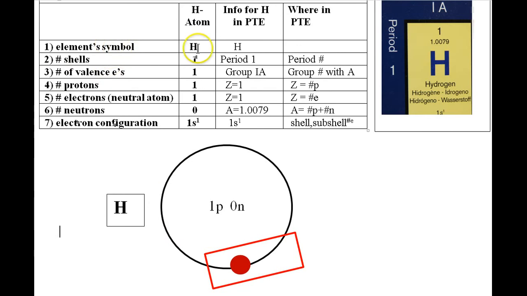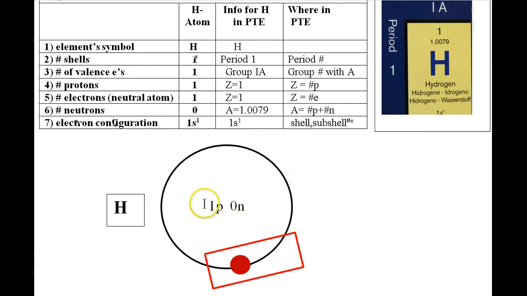And so the element symbol is H. The number of shells is 1. The number of valence electrons is 1. Number of protons is 1. Number of electrons for a neutral atom is 1. The neutrons is 0, and the electron configuration is 1s1. And here we have it.